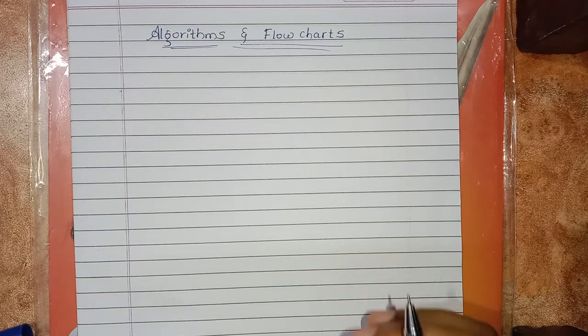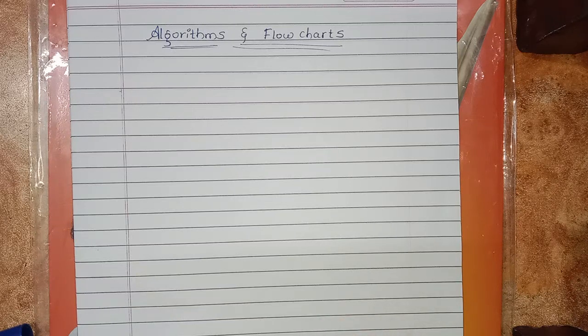As I told you, computer cannot understand our language, so we should design some instructions for the computer to perform, right? So that art or that way of writing such instructions is nothing but programming. Understood? And the instructions which you are giving to the computer is just one program.